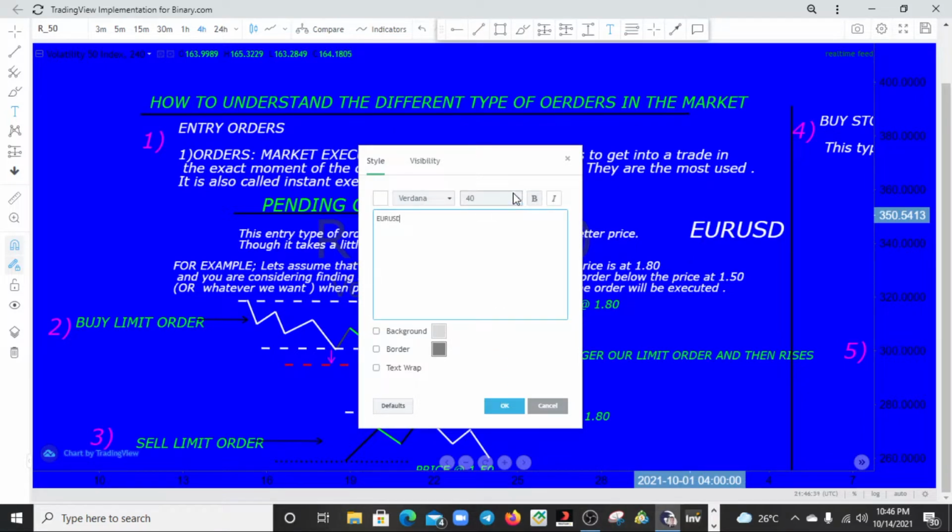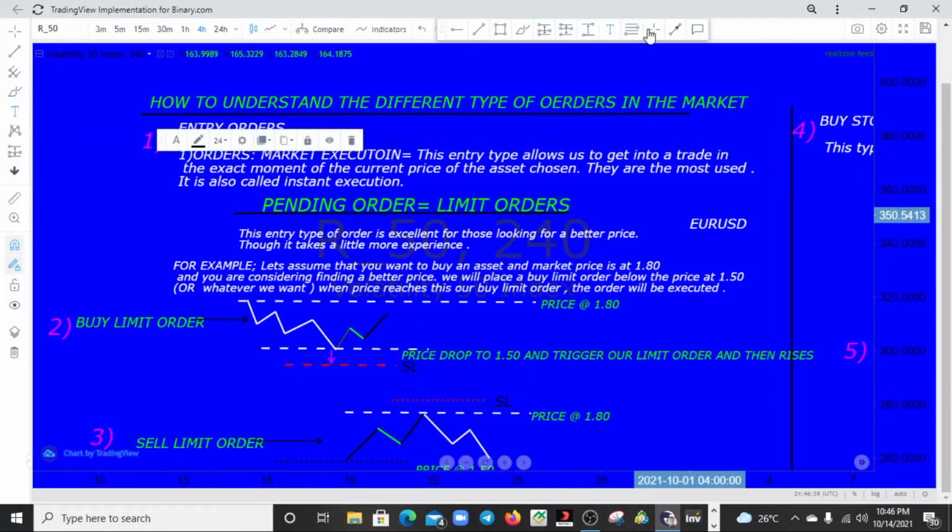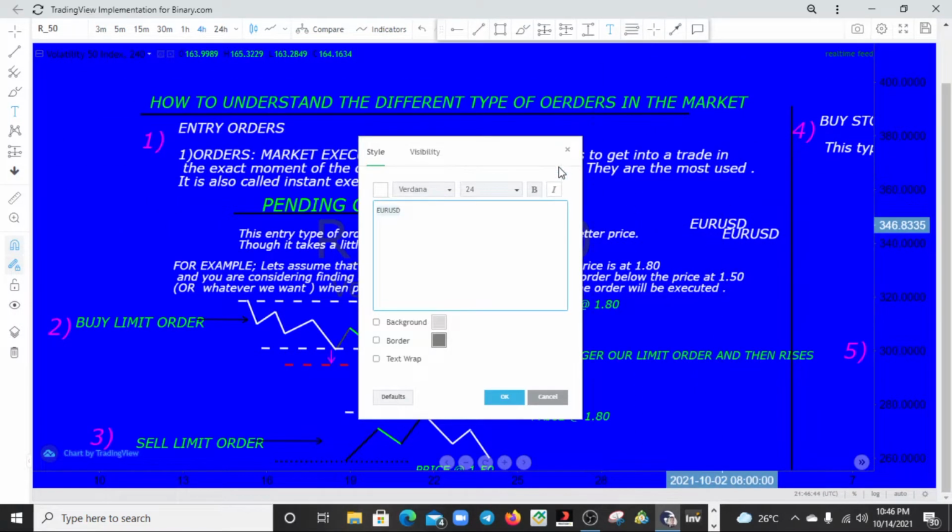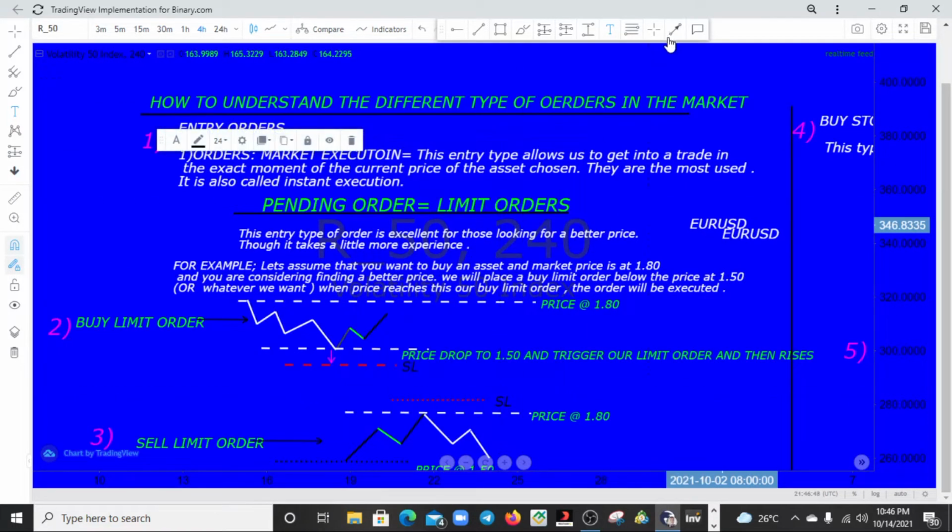For example, maybe you know the current price, and maybe the current price was at 1.60 and you want to buy it.